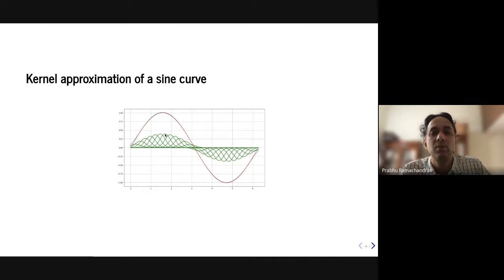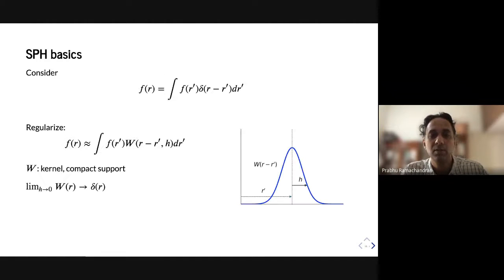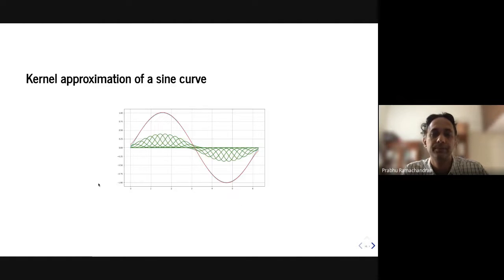So look at this one particular kernel, it's basically from here to here, all right? So the sum of all of these at this point will give me this value. Sum of all of these at this point will give me this value. Okay, so in this case, our kernel is a Gaussian. But there are a whole host of different kinds of kernels that you can use. Again, the only thing that you're expecting with these kernels is that they have compact support, and in the limit h tending to 0, they go to a Dirac delta.